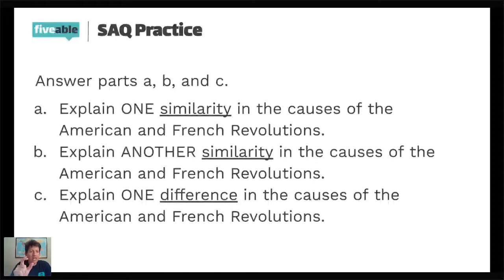Again, that word explain means you have to tell how or why these causes were similar between the two. So I basically state what the cause was, cite evidence that it occurred in both the American and French Revolutions, and explain how they relate. Then, for point C, explain one difference in the causes of the American and French revolutions.